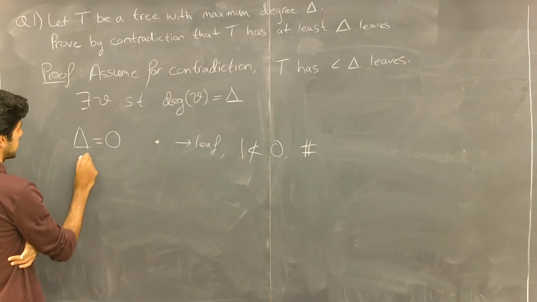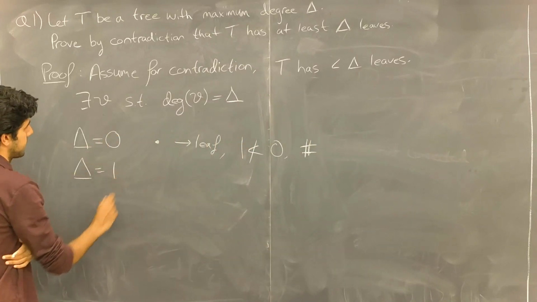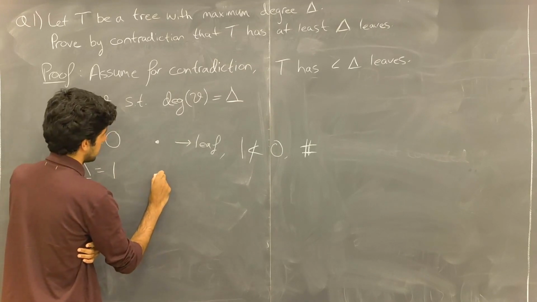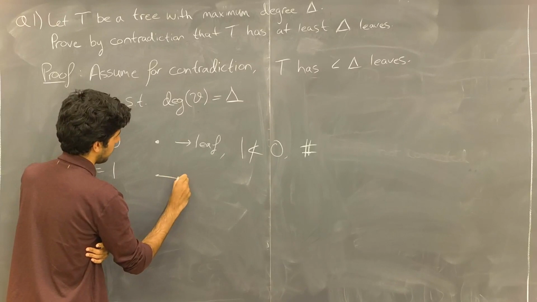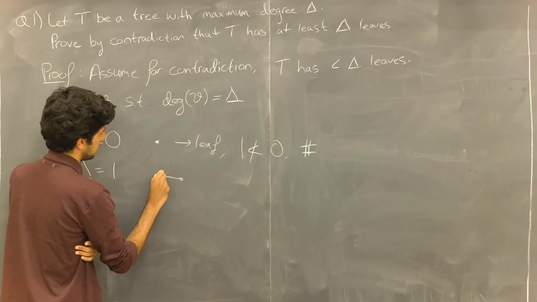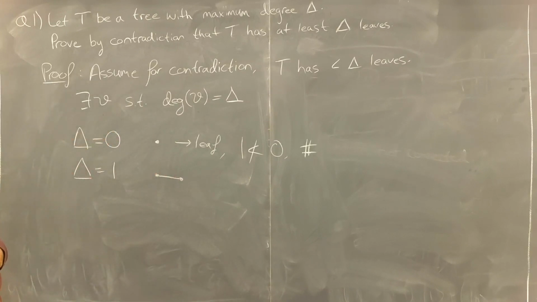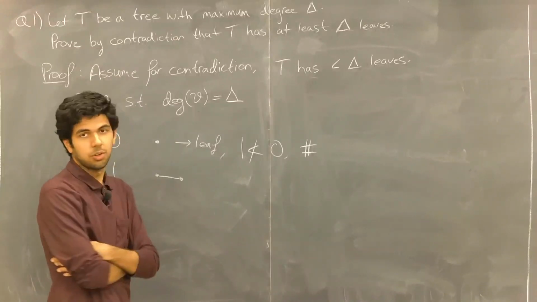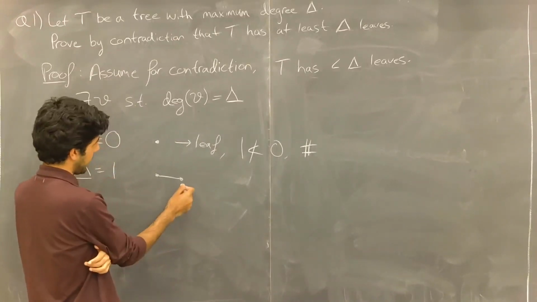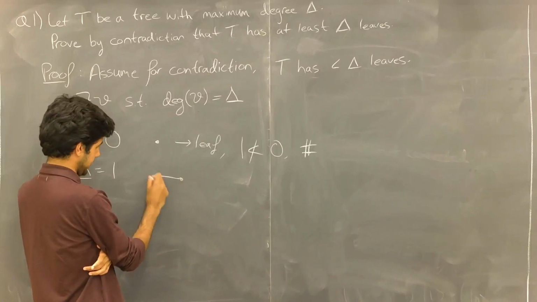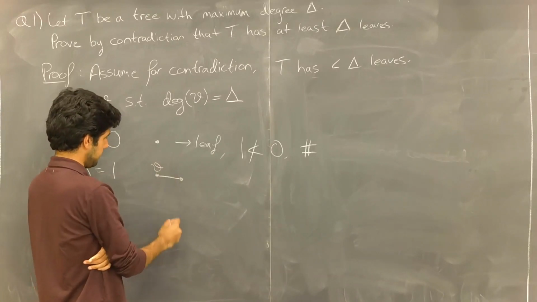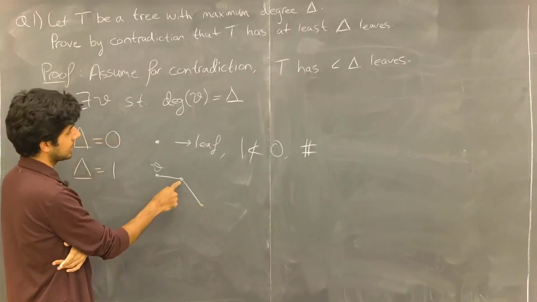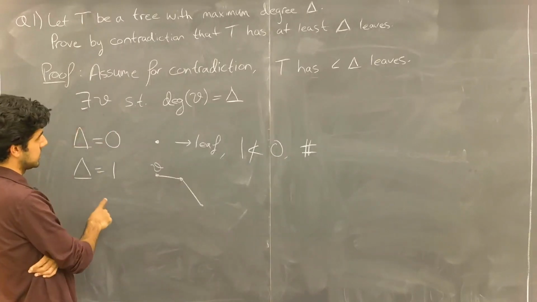Okay, what if delta equals 1? Well then our vertex V has degree 1, so it's connected to something else. But how can we extend this tree? We can't, actually, because if we were to add any edge to this vertex here, sorry, this one is V, then this has degree 2, but we said the maximum degree is 1.